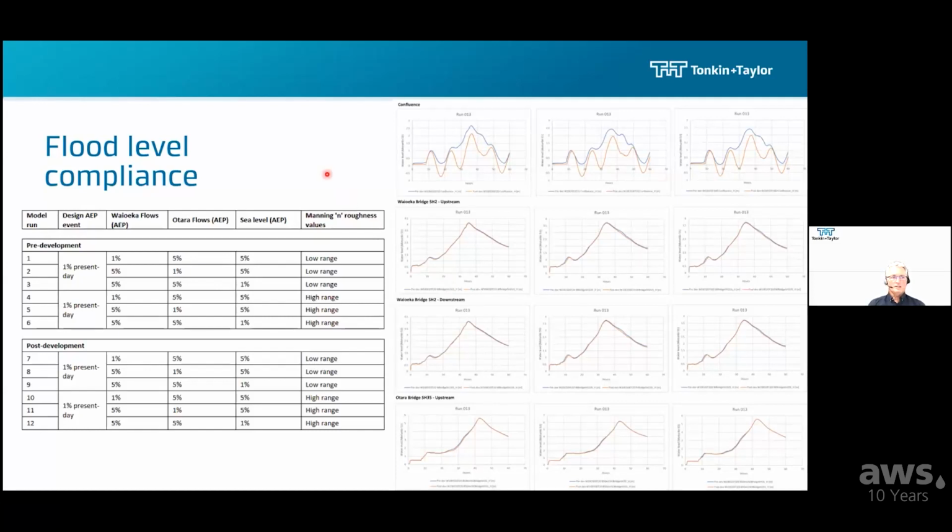So, as I said, using this morphological model, we constructed it to replicate the pre-development situation. We then simulated the new river mouth and demonstrated through this process that the new mouth opening should not cause elevated flood levels for that 1% AEP flood event in the town.